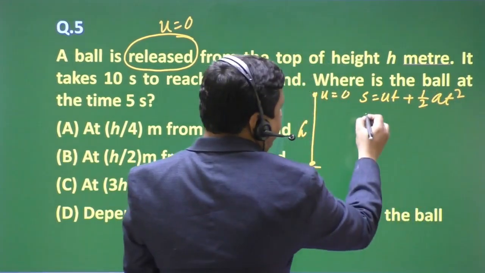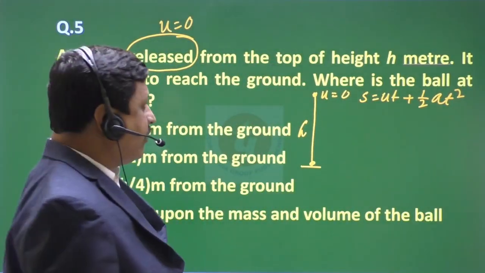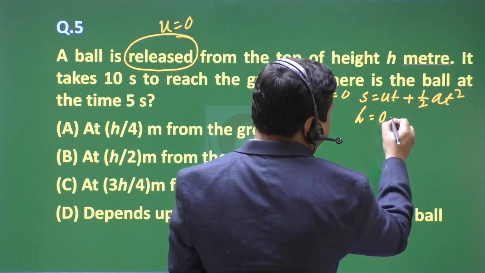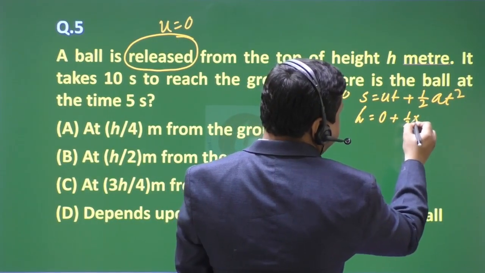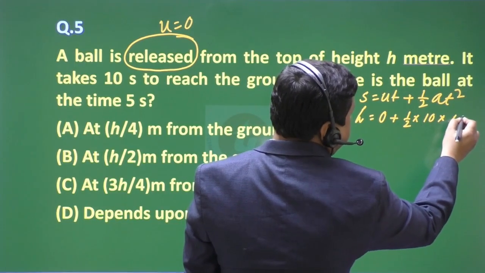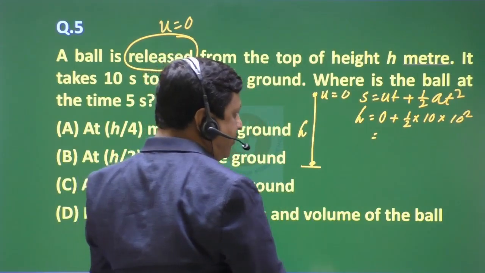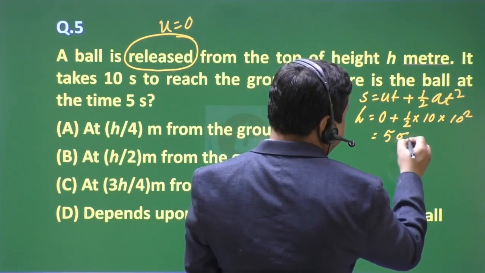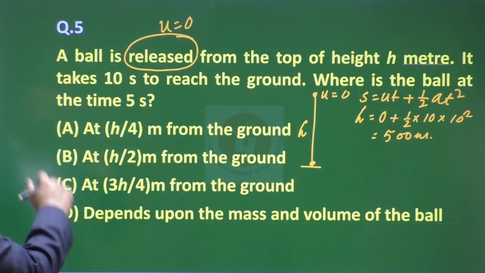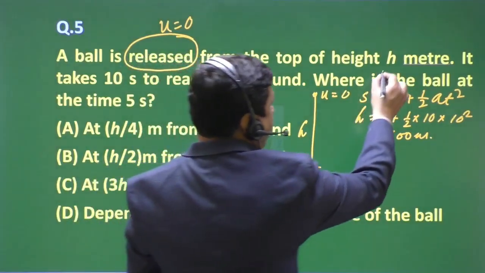Here you have to take a as g, because the motion is under gravity, right? That means h equals to 0 plus half into g, that is 10, say 10 into t square. t square means 10 square, that is 100, so 500 meter. That means the total height of the building, this h, is 500 meter.